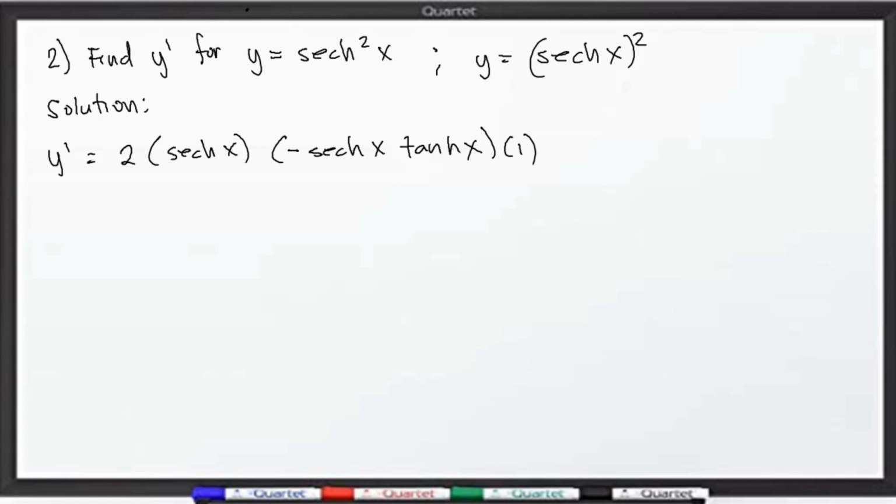Therefore, if we are going to rearrange things here, we will have y prime is equal to negative 2, and then we multiply sech squared x, then tanh x.